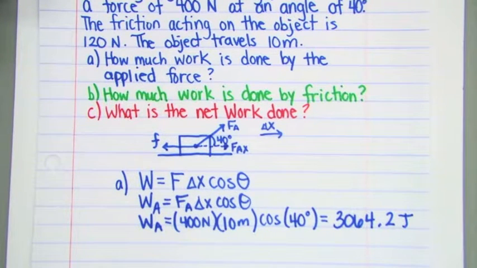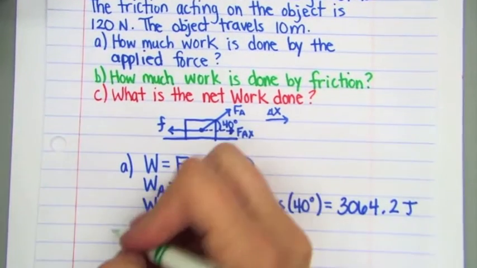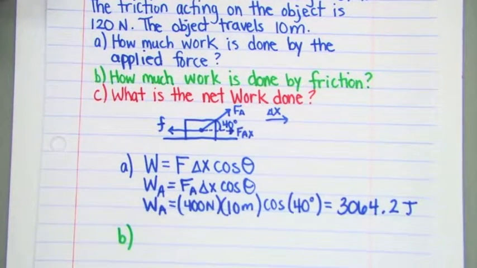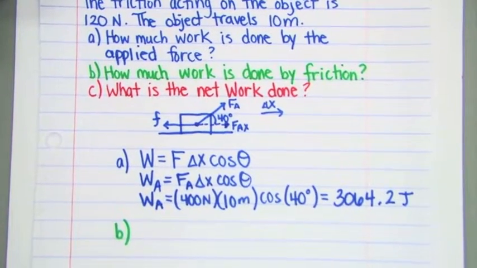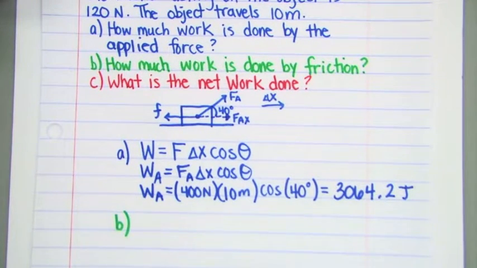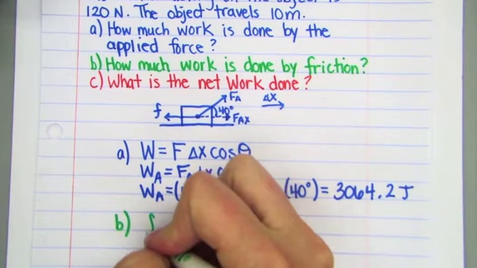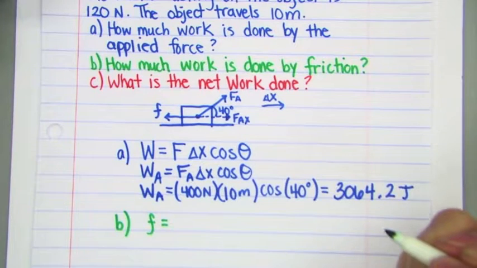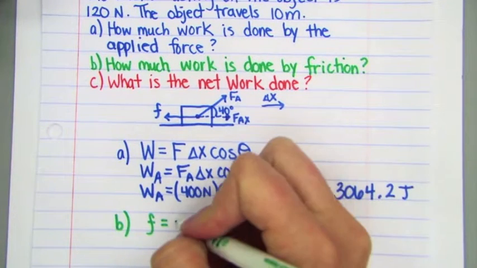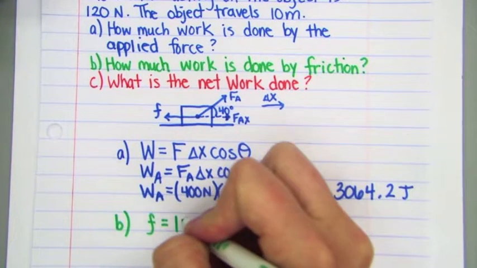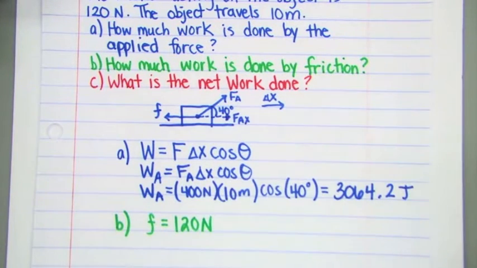Okay, now I want to find how much work is being done by the force of friction. Friction, we know, is always opposing the direction of motion. In this case, the force of friction is going to be 120 newtons. That's the magnitude.